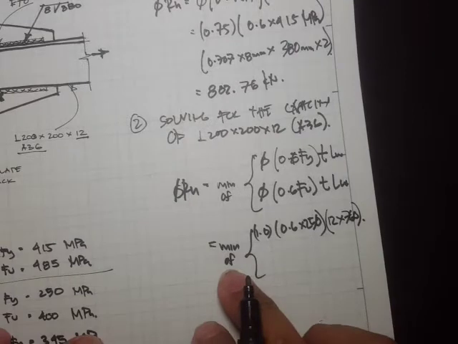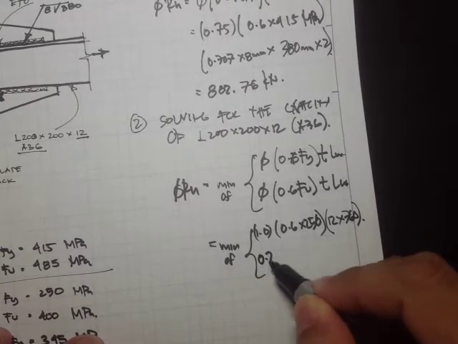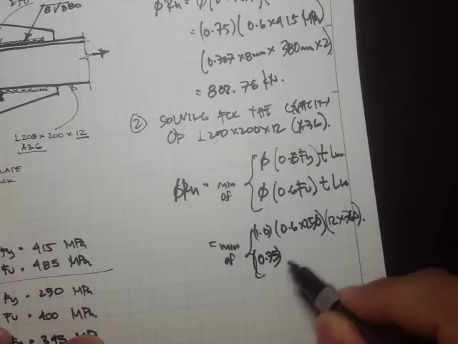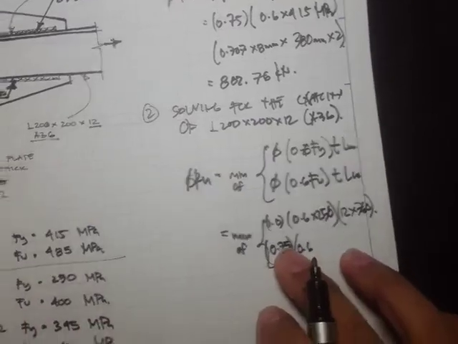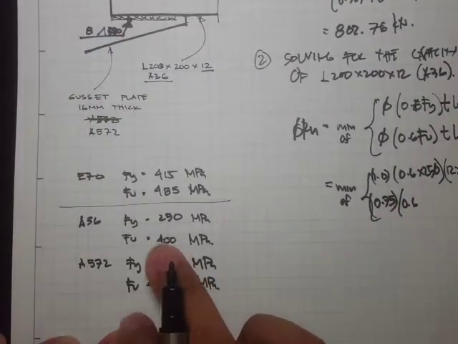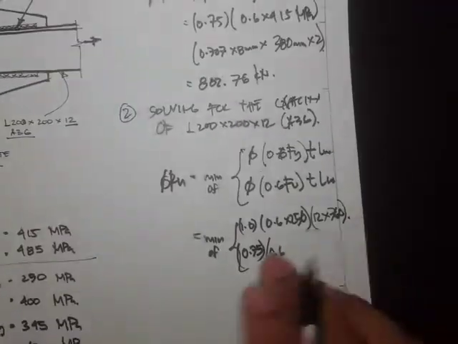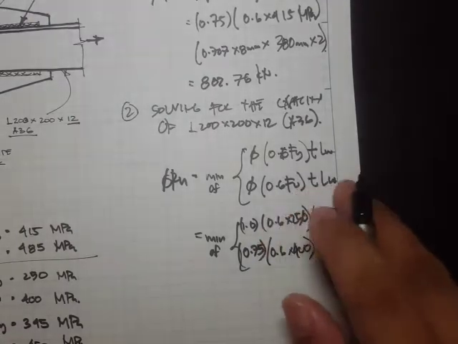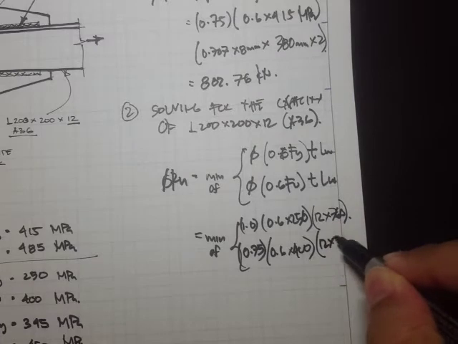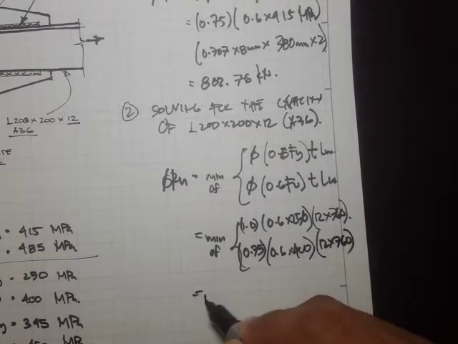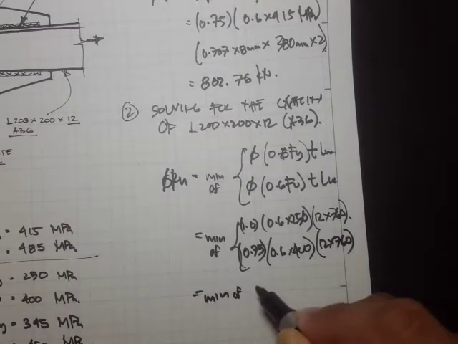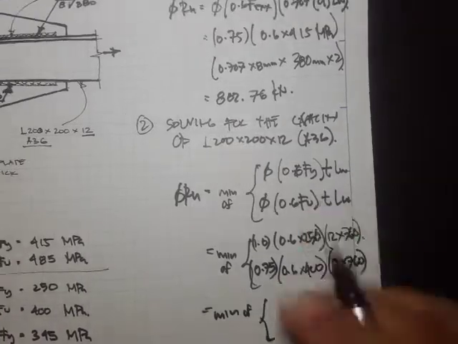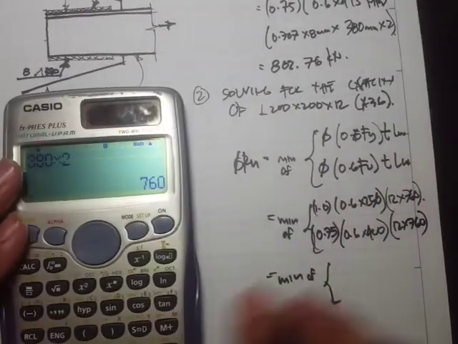And for the shear rupture, we have 0.75 times 0.6 of the ultimate tensile strength, 400, times the same thickness, so 12 times 760. Okay, so we calculate this.